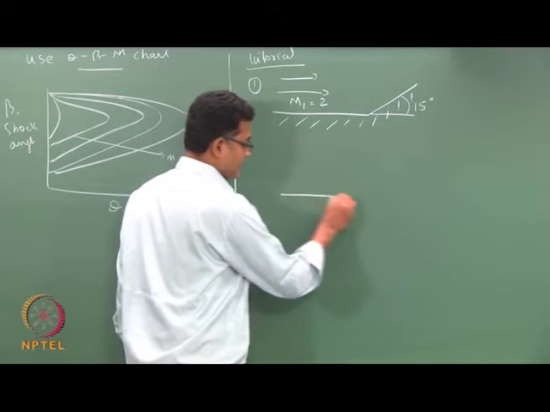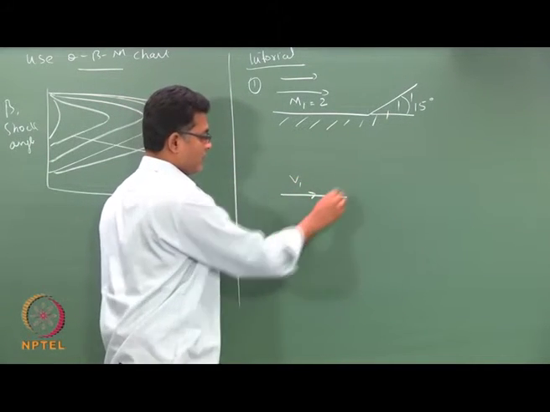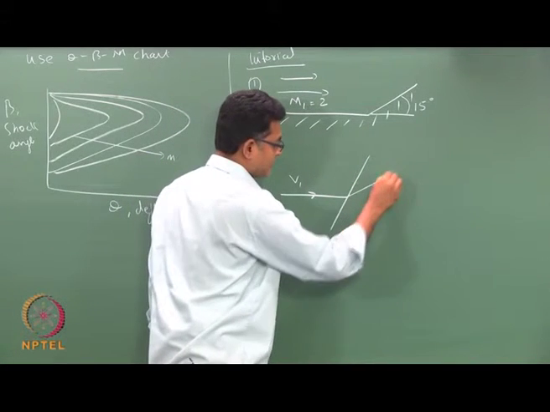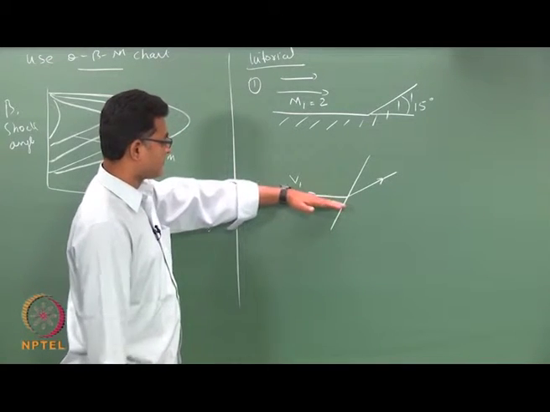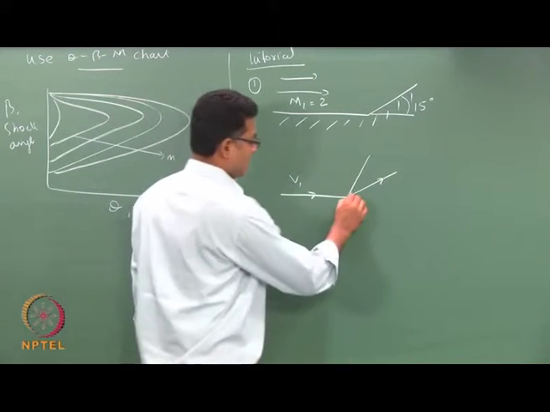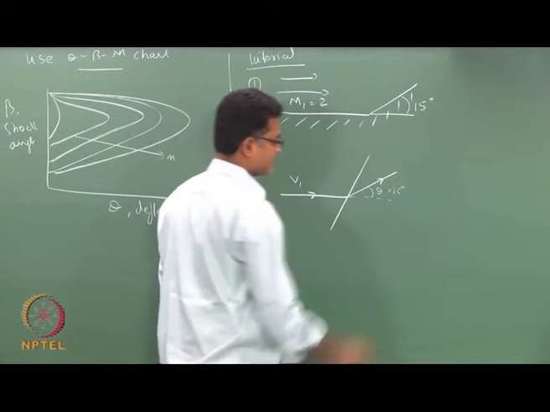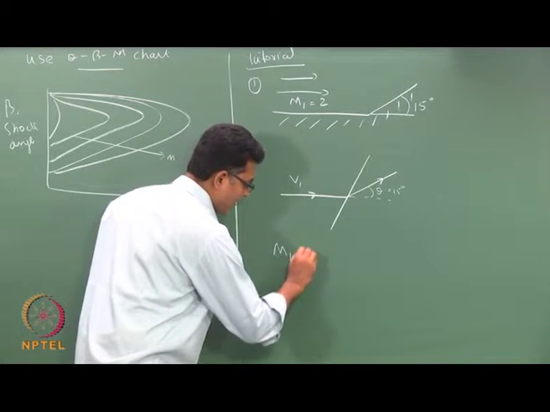The oncoming flow then faces an oblique shock, and the velocity streamlines are deflected by theta degrees, which is 15 degrees. So, I have M1 and theta.